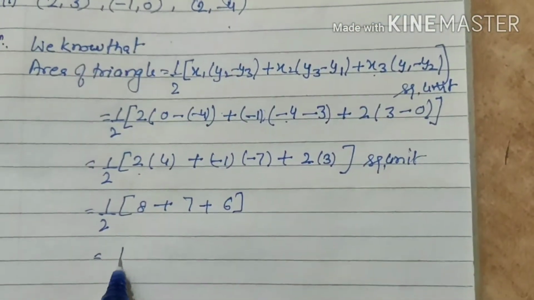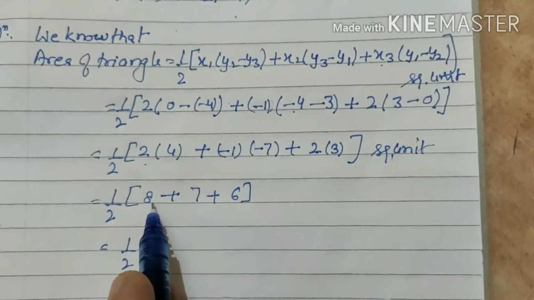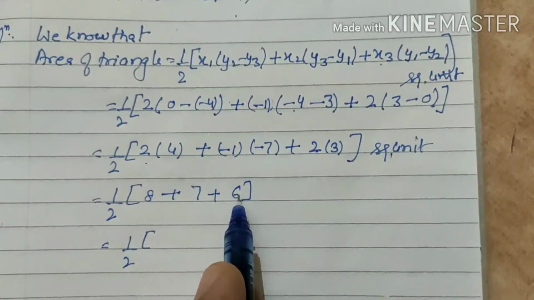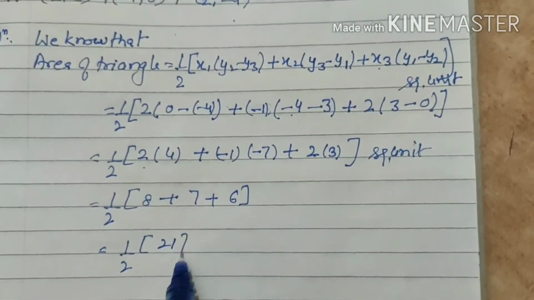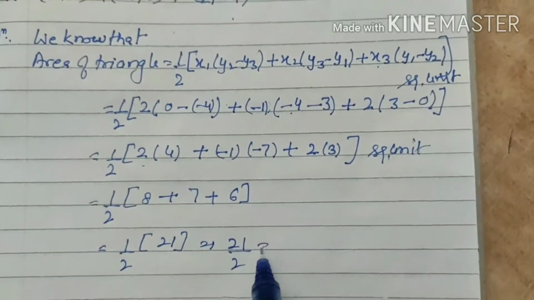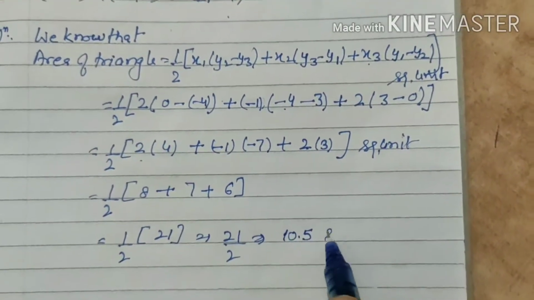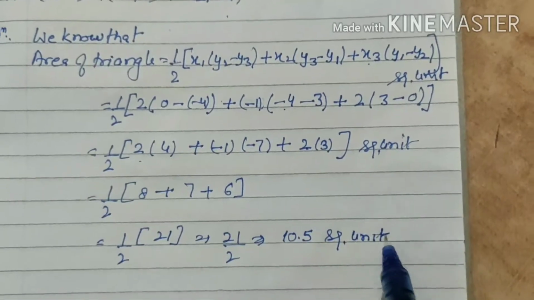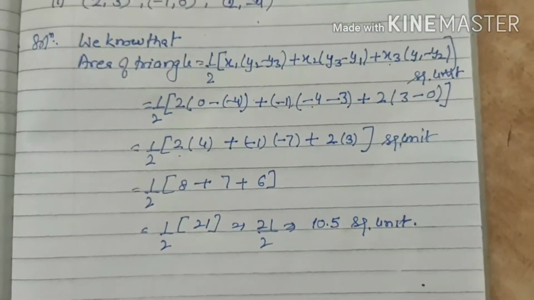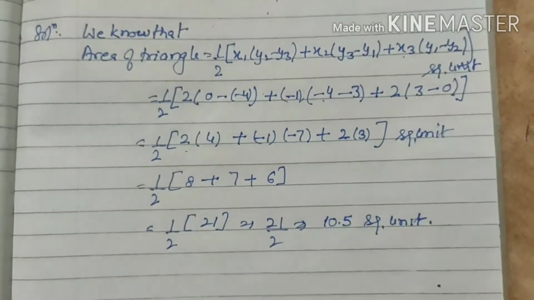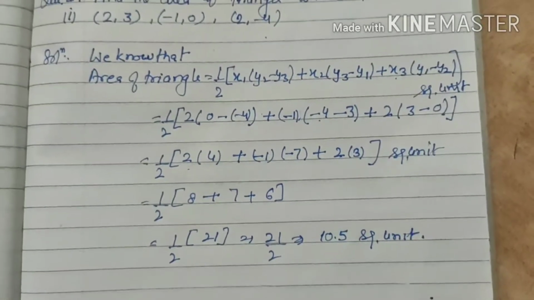Now 1/2 into: 8 plus 7 is 15, 15 plus 6 becomes 21. So we have 21/2, or we can say 10.5 square units. This is the area for part number 1. So pause the video and note it down.